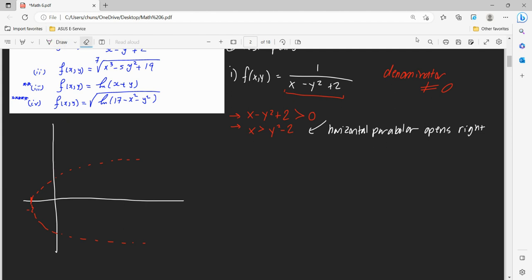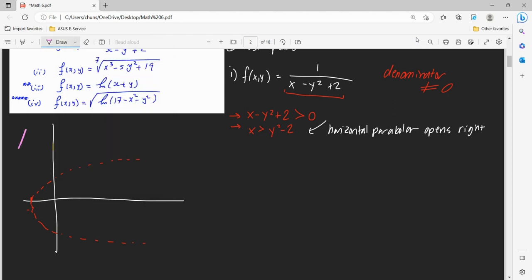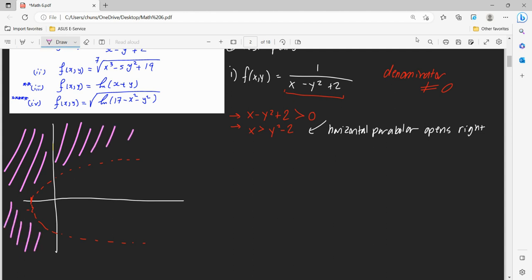Okay, but in any case, it splits it into two regions, to the left and to the right of our curve.